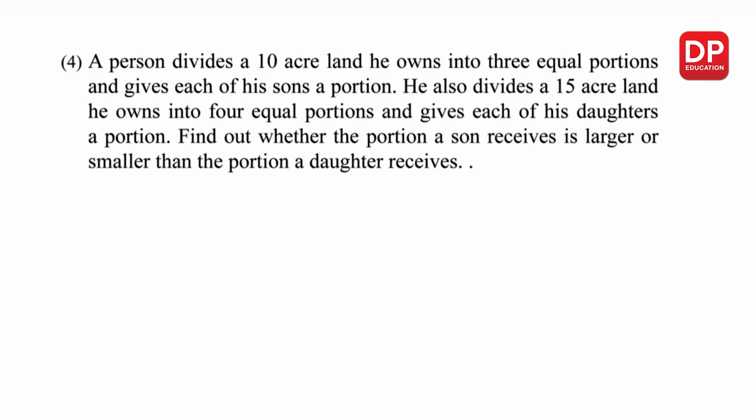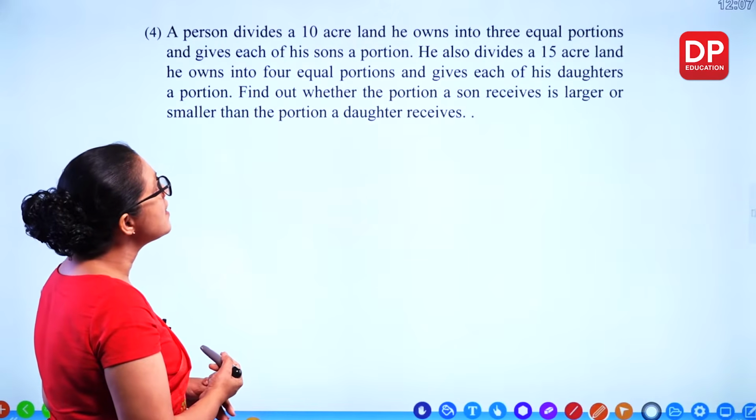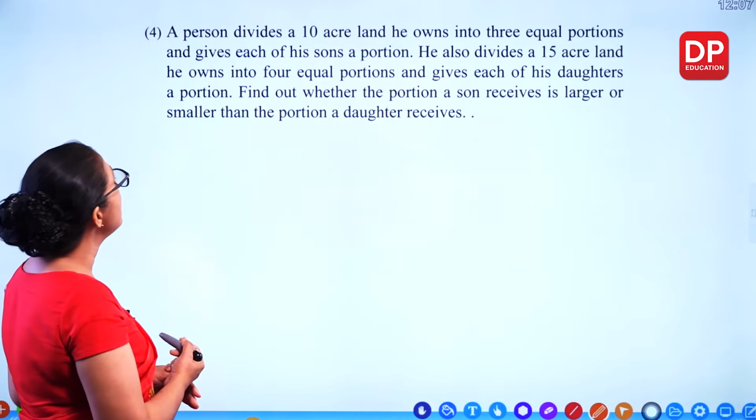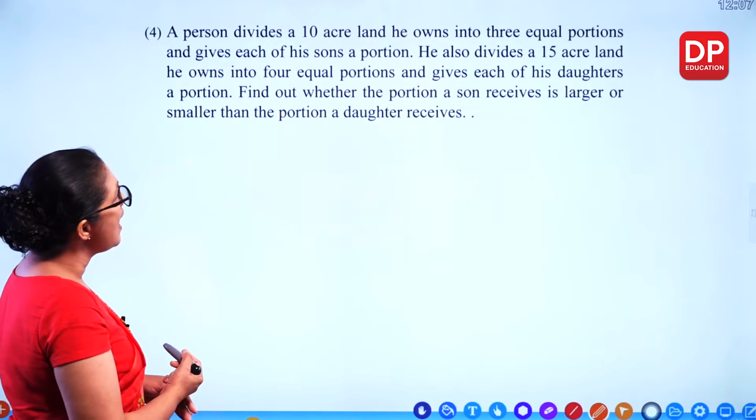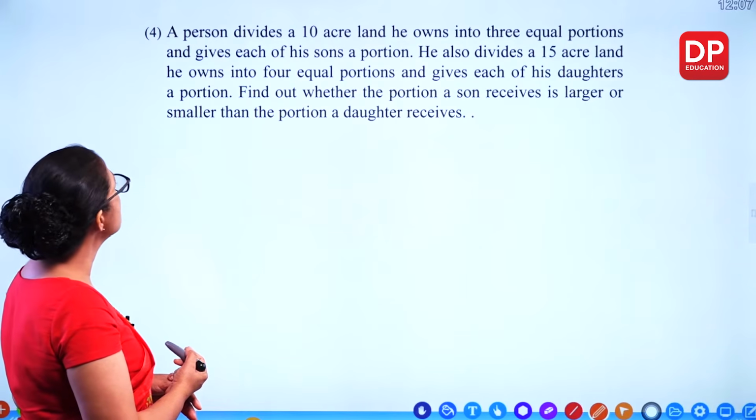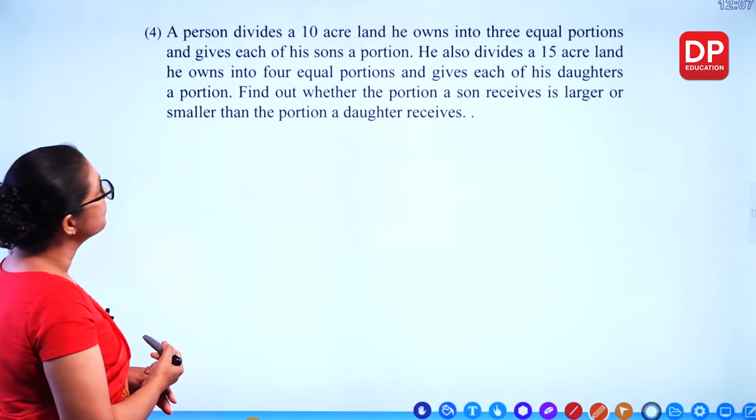Question number 4. A person divides a 10-acre land he owns into 3 equal portions and gives each of his sons a portion. He also divides a 15-acre land he owns into 4 equal portions and gives each of his daughters a portion.